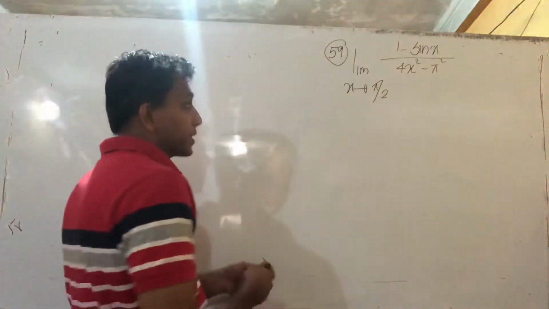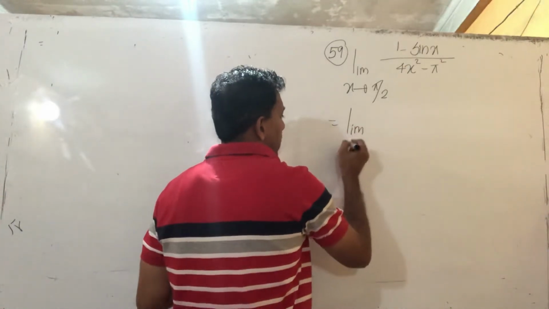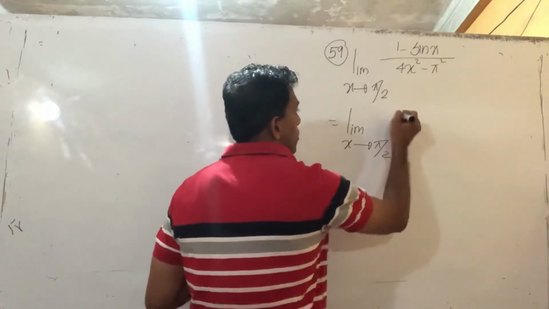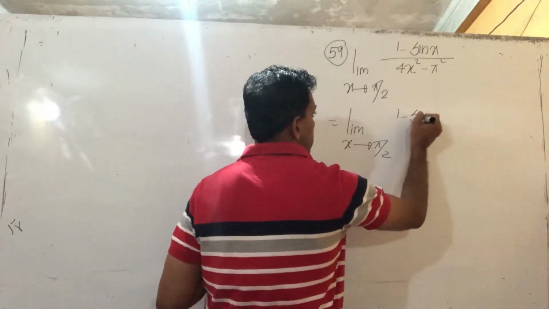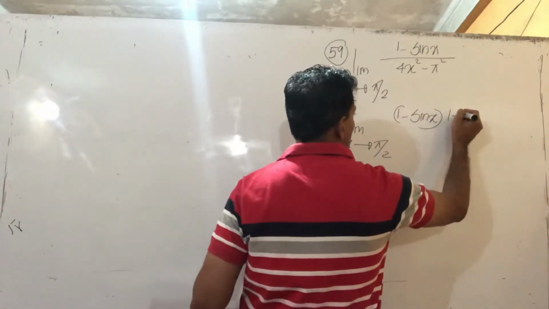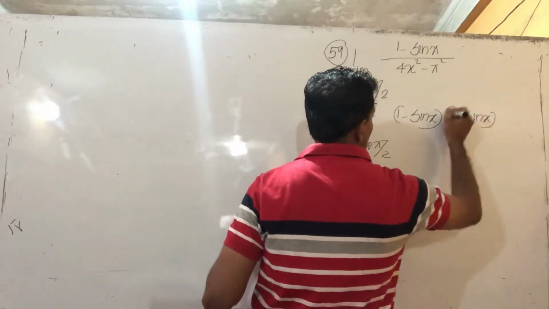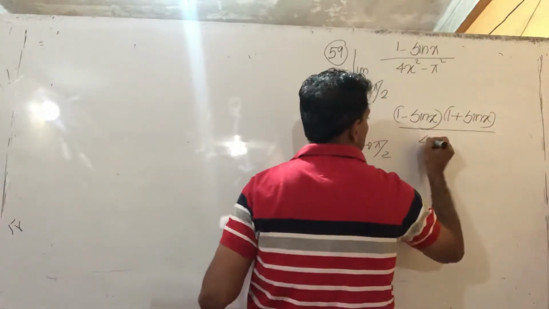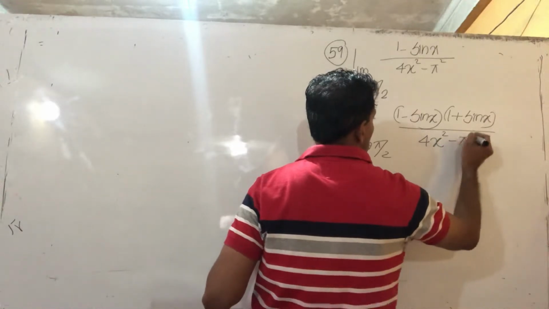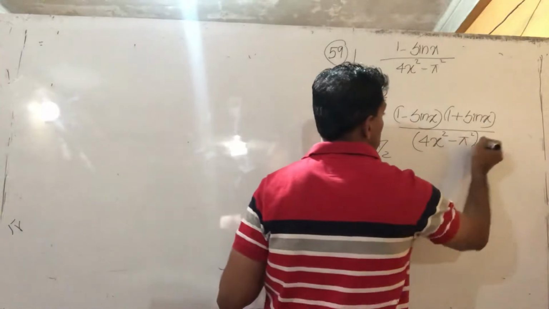So check with my method: limit x tends to pi by 2, (1 minus sine x) into (1 plus sine x) over 4x square minus pi square, multiplied below also by 1 plus sine x.